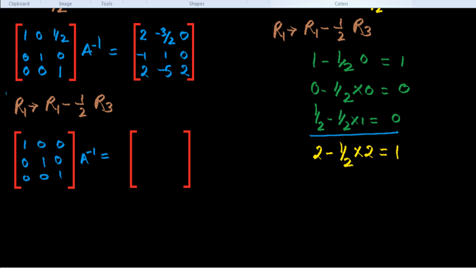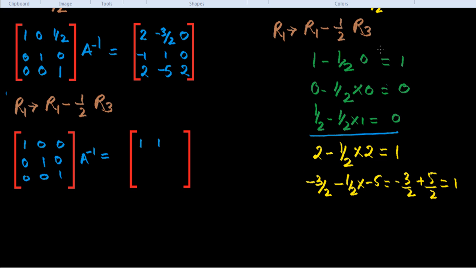So we get here 1 now. You see R1 is minus 3 by 2, minus 1 by 2 into minus 5. So we get minus 3 by 2 plus 5 by 2. It is 2 by 2 which would be 1. So we get here 1.